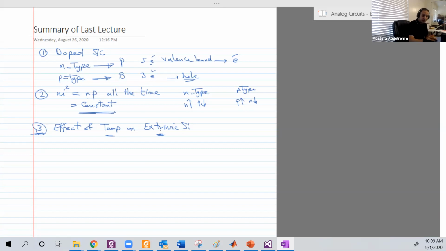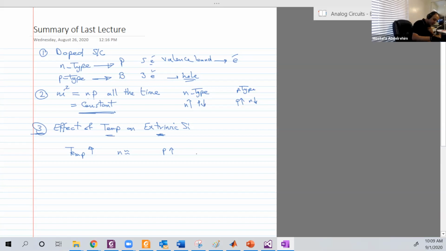And we see that by increasing the temperature, n doesn't increase so much, but p increases, with a considerable amount. And at some temperature, maybe they will be equal, and the extrinsic silicon will turn to be intrinsic silicon again.